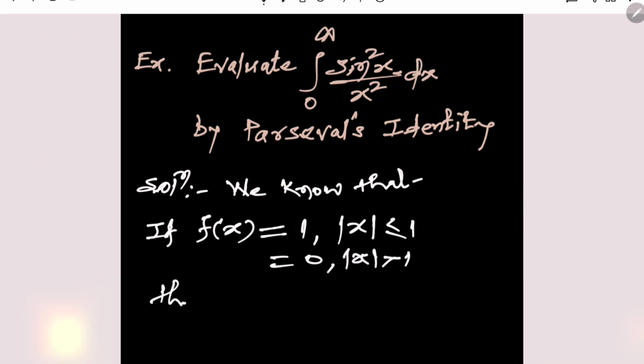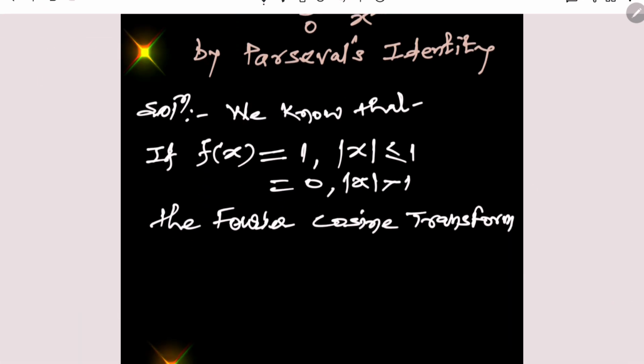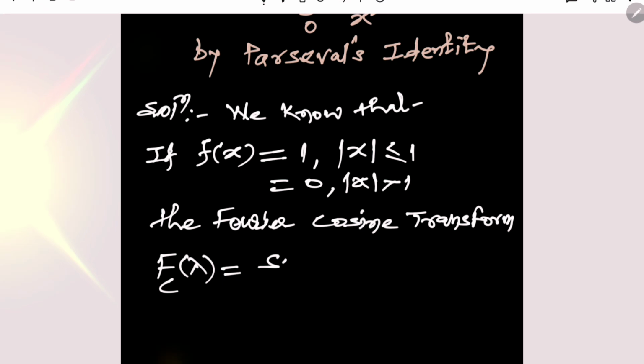And for this function, the Fourier cosine transform is obtained as fc lambda equals sine lambda upon lambda.